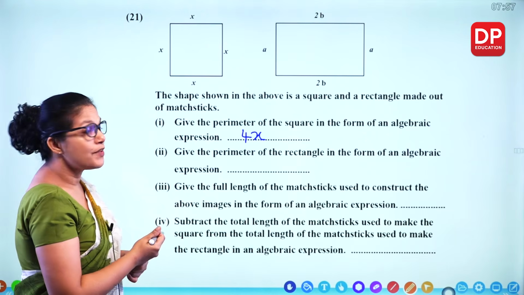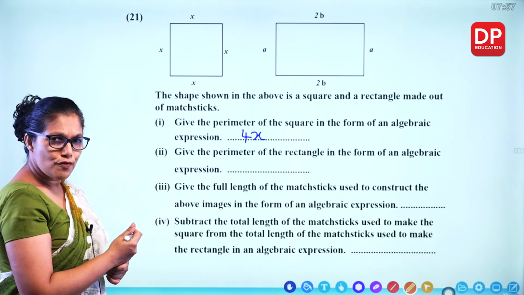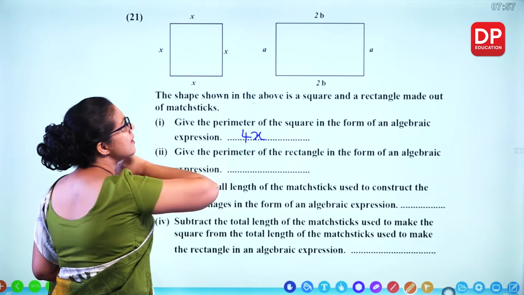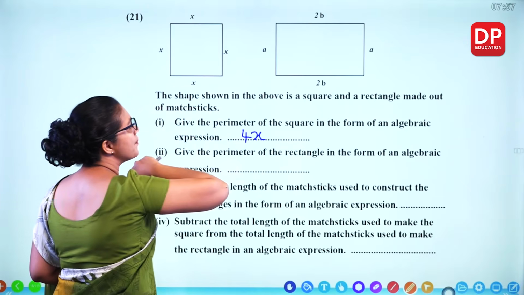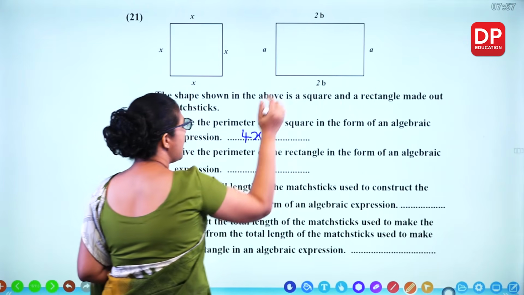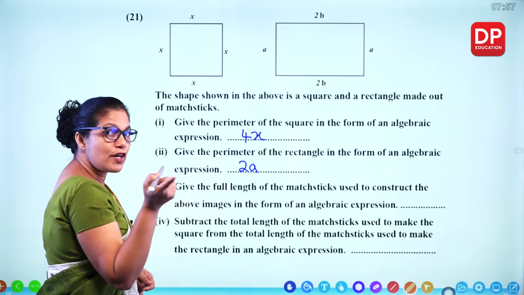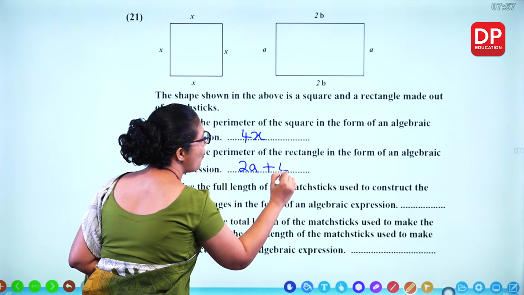Give the perimeter of the rectangle in the form of an algebraic expression. How do you find the perimeter? You have to add all these lengths. So A plus 2B plus A plus 2B. A and A, you get 2A. 2B and 2B when you add, 2 plus 2, 4, that's 4B.